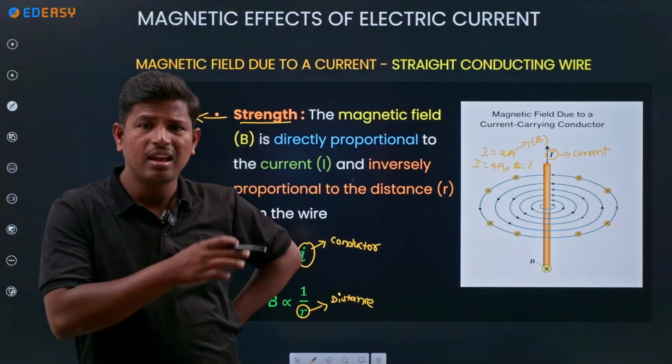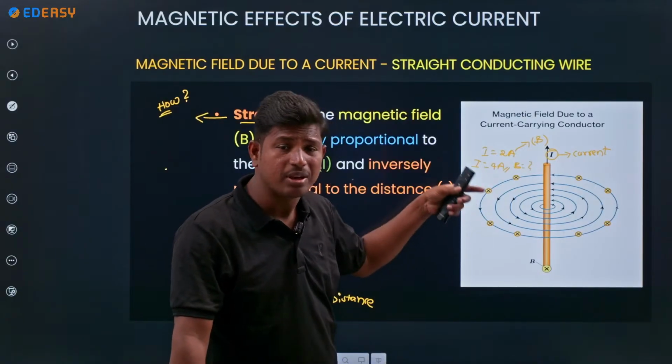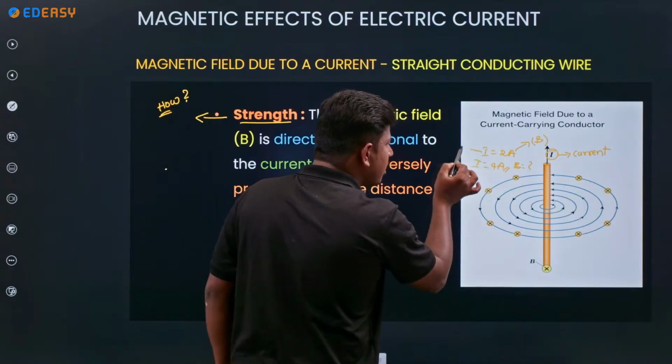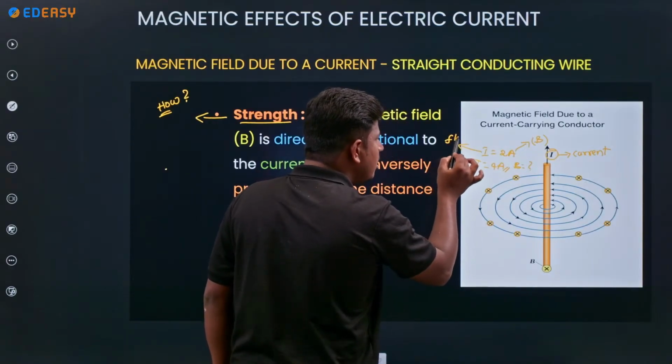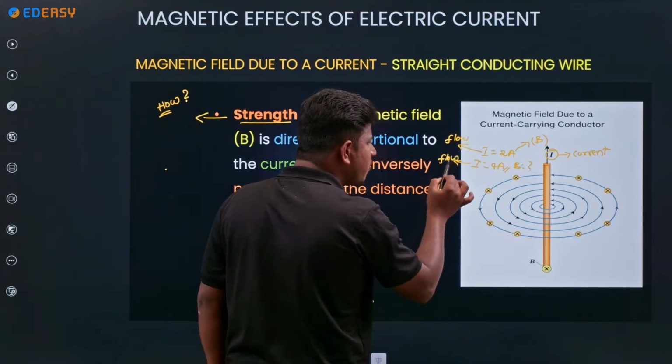First I take 2 amperes of current, second I take 4 amperes, double. If I take 2 amperes of current, how will the flow be? And if I take 4 amperes, is the flow the same or different?